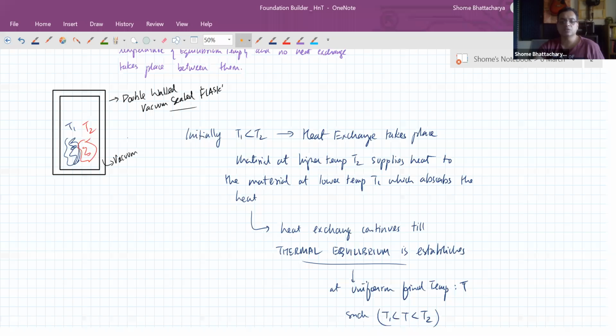That means the heat exchange is only happening between the materials which are inside the calorimeter or inside the flask. So whichever material is lowering its temperature is losing heat, and the other material which is raised in temperature is absorbing that much heat. So the heat supplied by the material which is cooling down must exactly be equal to the heat absorbed by the material which is heating up. So that is the principle of calorimetry.